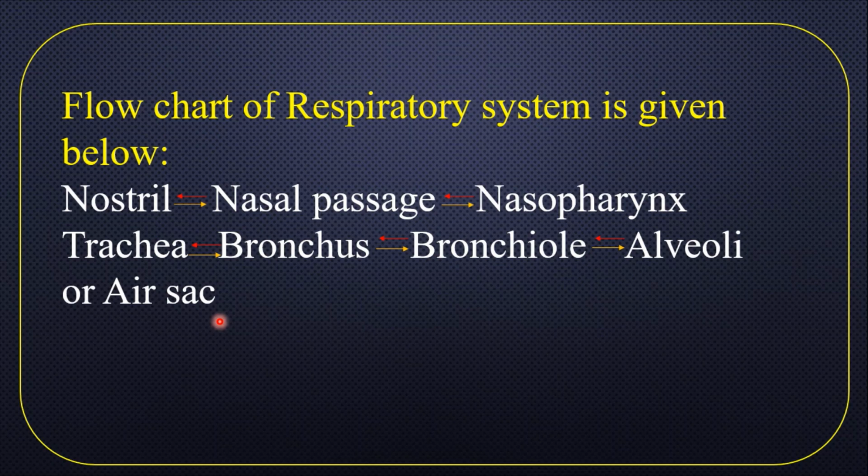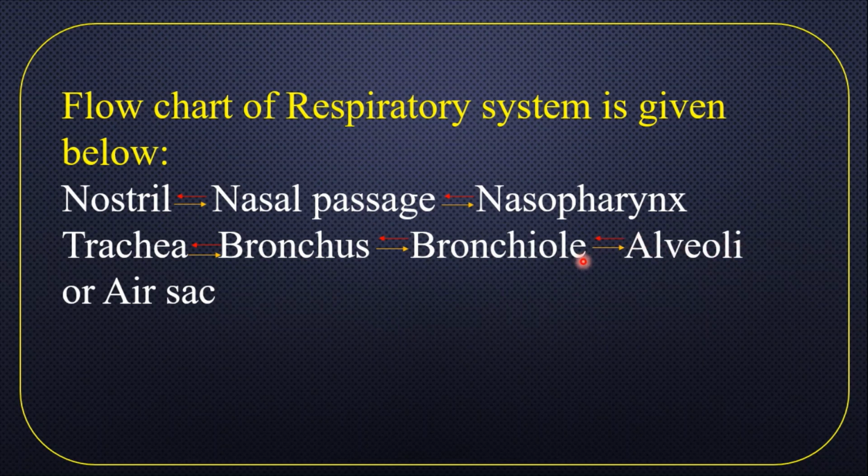On the other hand, after this oxygen is used in our cells and produces energy and carbon dioxide, this carbon dioxide is harmful for our body. That's why this is waste. This waste goes back to our lungs by blood. Which part of our lung? Alveoli.